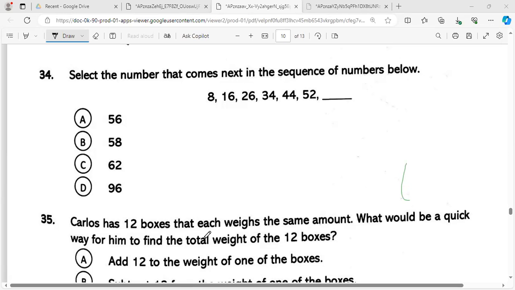Sir, it's because they counted by 8 and then they count by 10. 26 plus 8. So it's C? Yes, sir, 62. Yeah, correct.